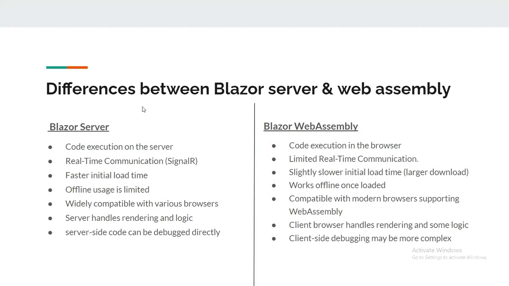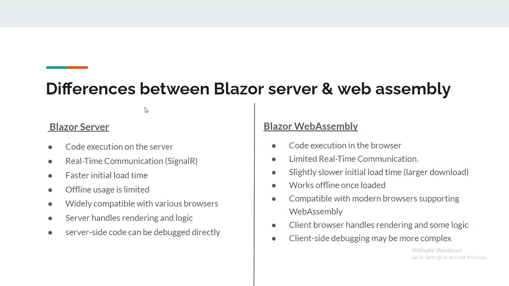Also, I mentioned that offline usage is limited in Blazor Server, but Blazor WebAssembly works perfectly in offline mode. Regarding compatibility with browsers, Blazor Server is widely compatible with various browsers, but Blazor WebAssembly is only compatible with modern browsers. In some old browsers, it may not be supported.